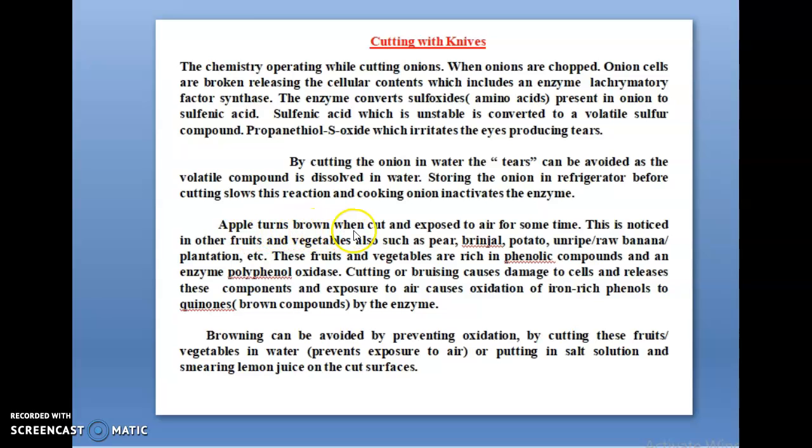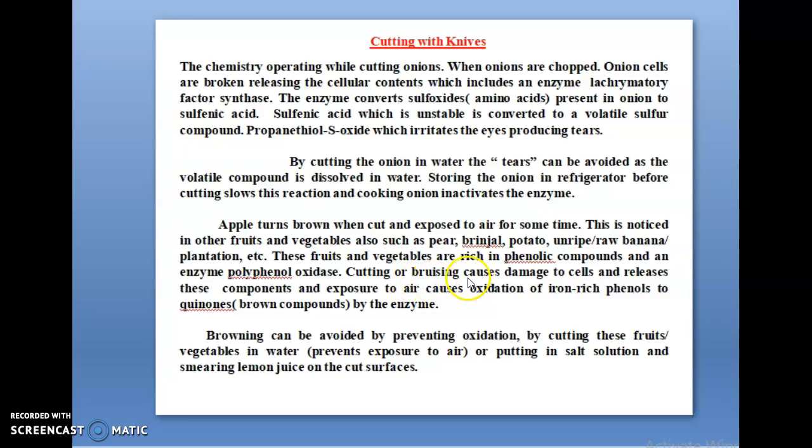Apple turns brown when cut and exposed to air for some time. This is noticed in other fruits and vegetables also, such as pear, brinjal, potato, unripened raw banana and plantain, etc. These fruits and vegetables are rich in phenolic compounds and an enzyme, polyphenol oxidase.